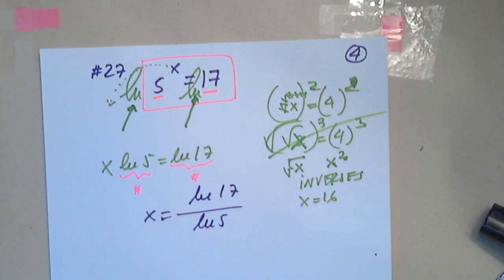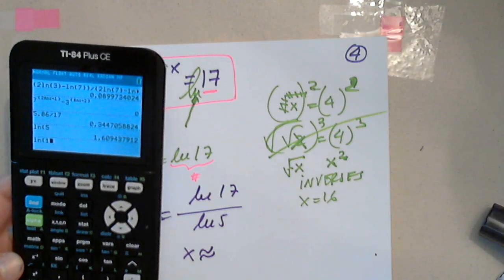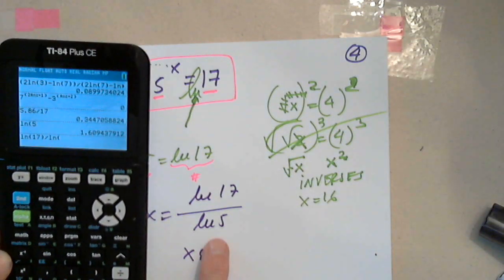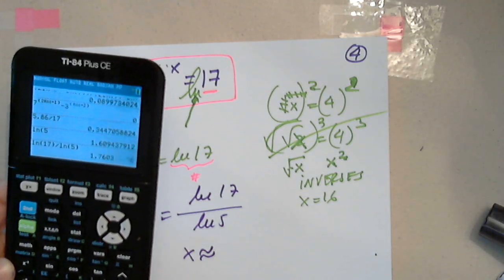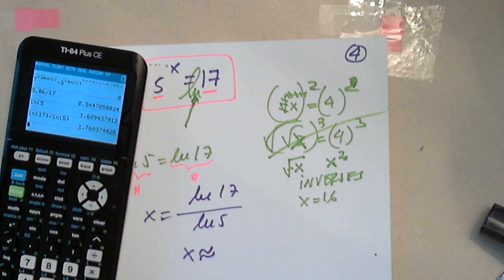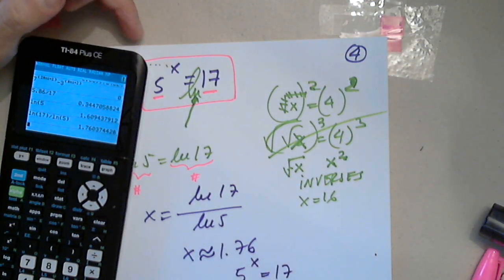Yes, we can approximate, so we can check the answer. So natural log 17, don't forget to close the parenthesis, and divide by natural log 5, don't forget to close the parenthesis, and I get approximately 1.76. And I want to check. Remember, the equation was 5 raised to x equals 17.